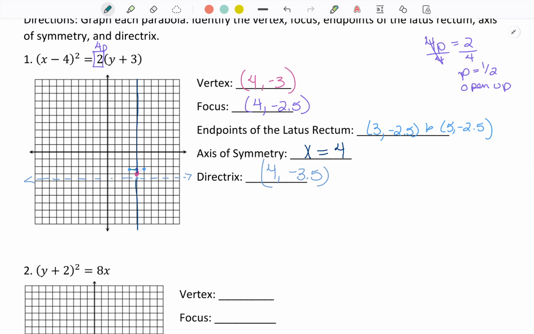So here is our latus rectum. This one's kind of small, but then we are just going to use this to sketch in our parabola. And then, of course, if you need more points, you can always fill those in. Because this one actually has a couple more at, let's see, at 2, -1.